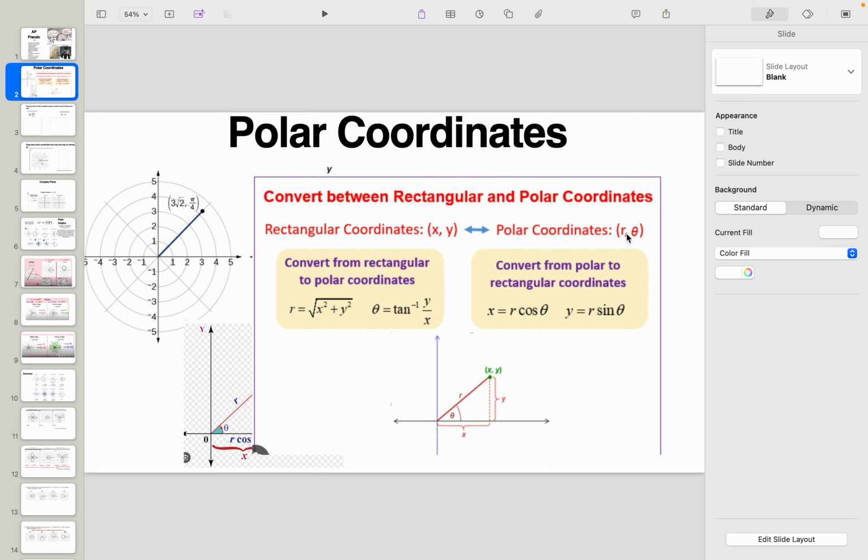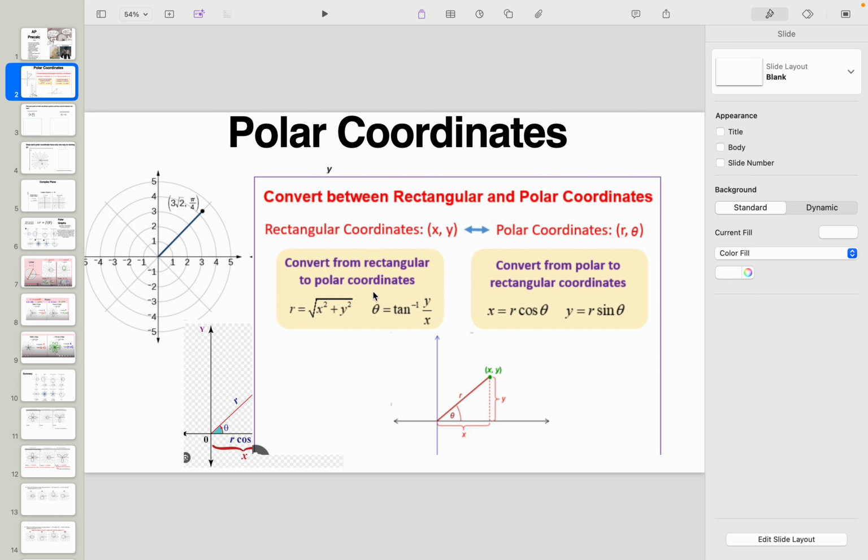In polar coordinates, we're looking at the radius, so this distance here, and the angle, so the angle here. So we have r, we have the angle, and remember the x value, because it would be the adjacent, is r times the cosine. So that's where these 2 formulas go.